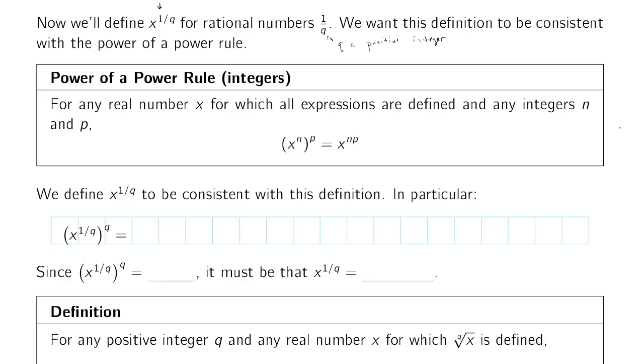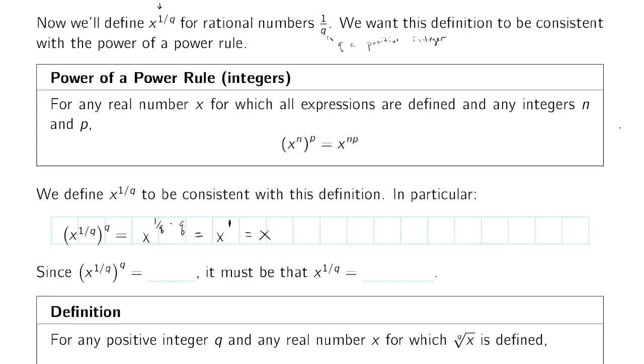To make x to the 1 over q be consistent with this rule, we need to have x to the 1 over q, to the q, be equal to x to the power 1 over q times q. But 1 over q times q is just 1.